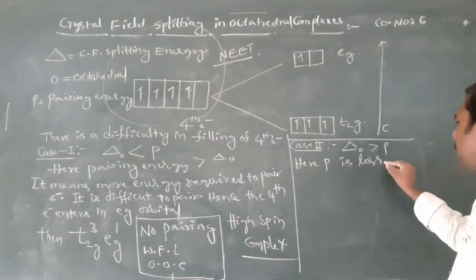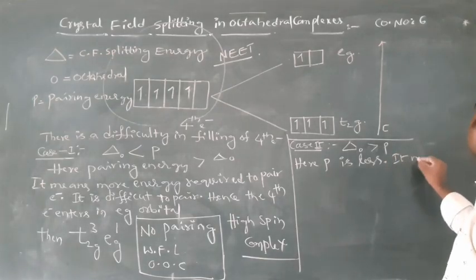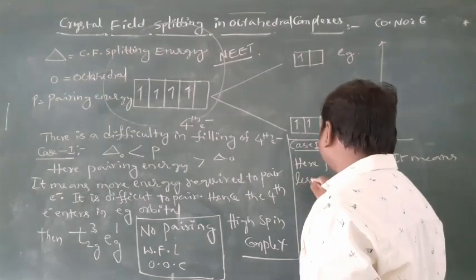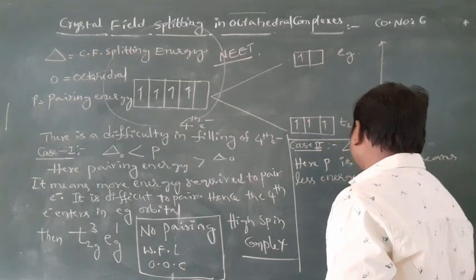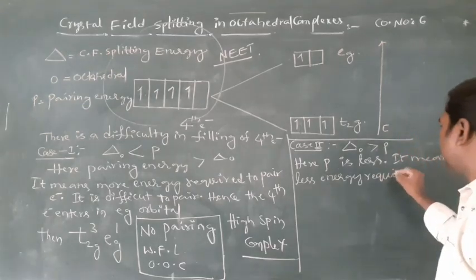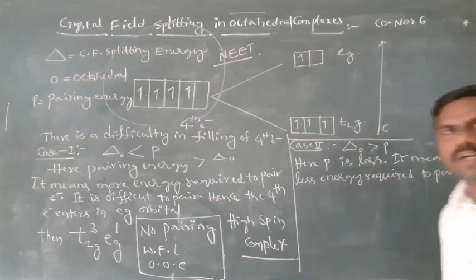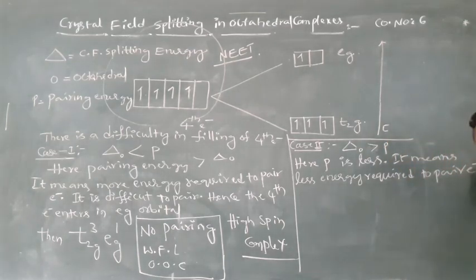Less means less energy is required to pair the electron, that is the fourth electron, to pair the fourth electron.